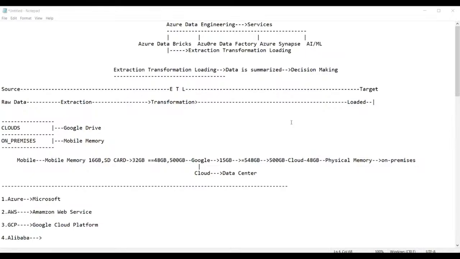Once the data is inserted, picking up the data from there, preparing or moving it into Delta Lake, and then performing the visualization, for all this process we are using ADB only.